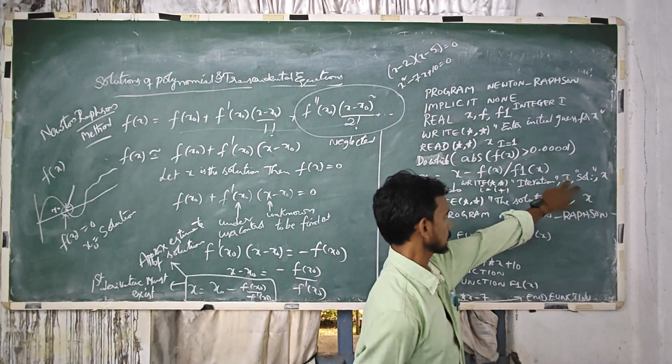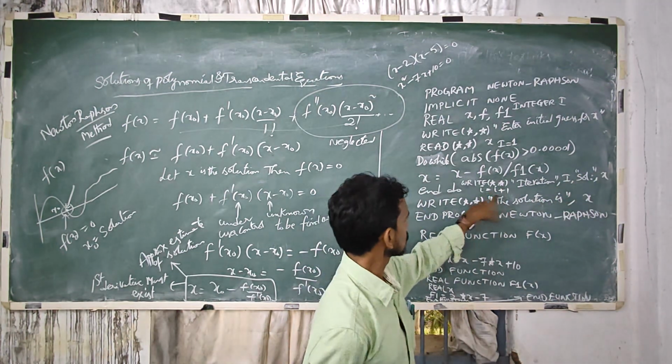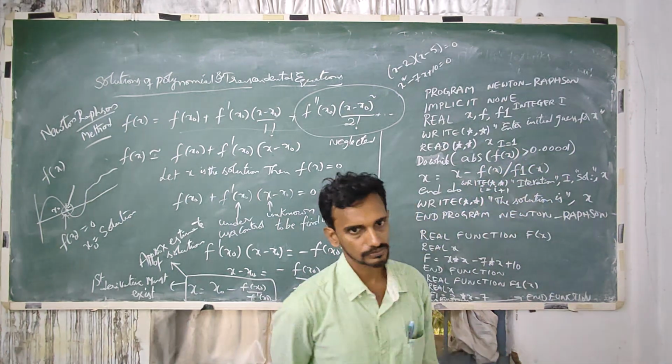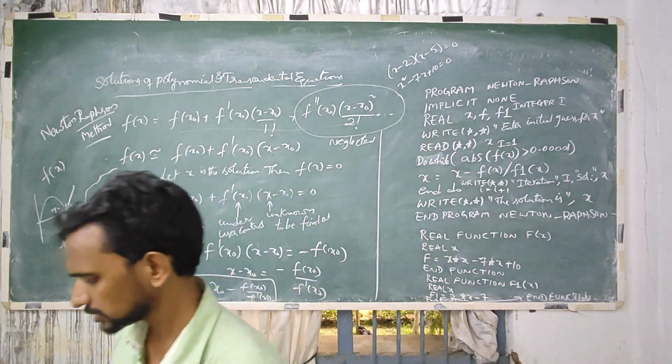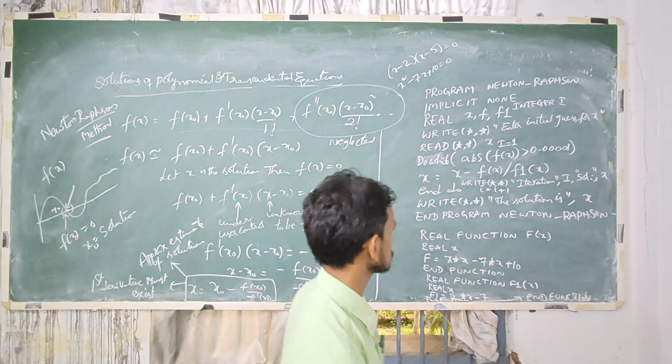I starts with 1. Fortran is not case sensitive. Even if you write small letter or capital letter, the result does not change.